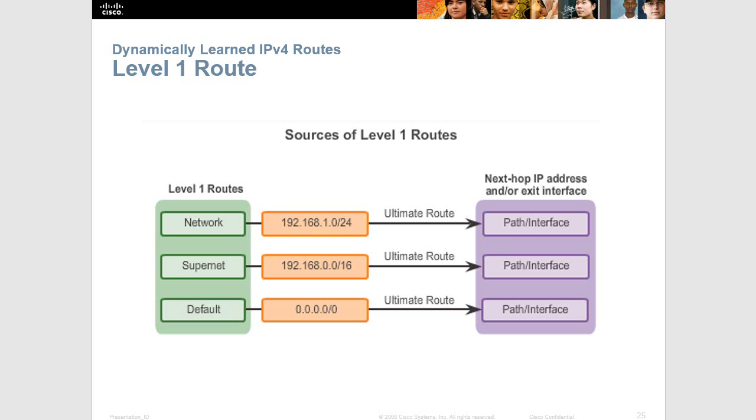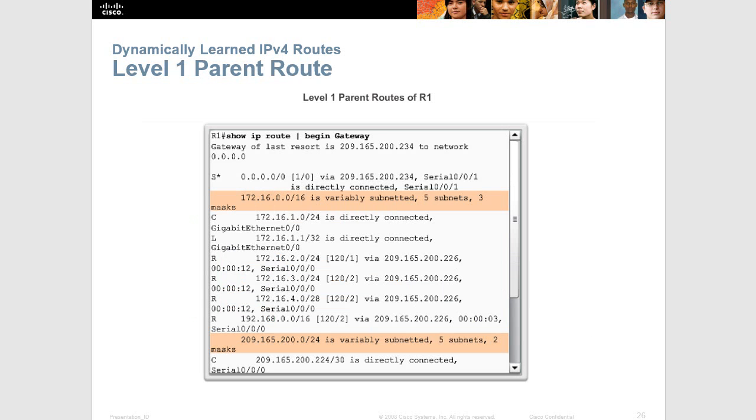So sources of level 1 routes, you've got a network, a supernet, which is basically a summary route that contains multiple networks in it. You could have those entries, summary routes I should say, and you've got your default route. And we've got our parent route.